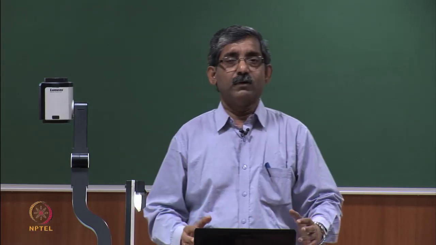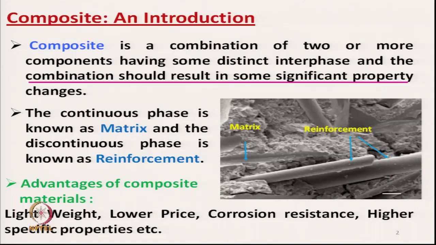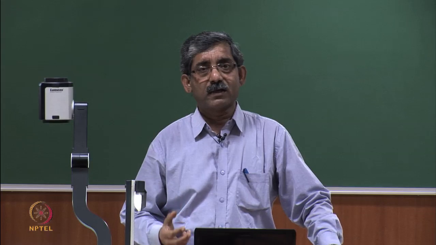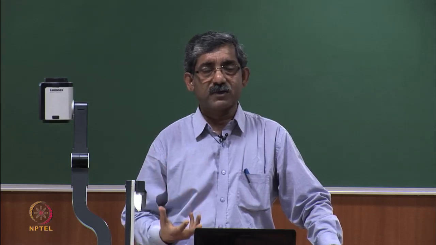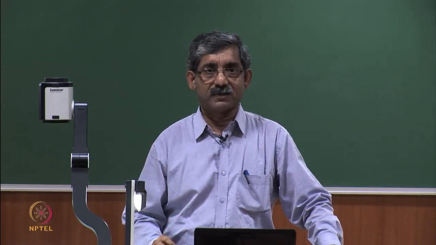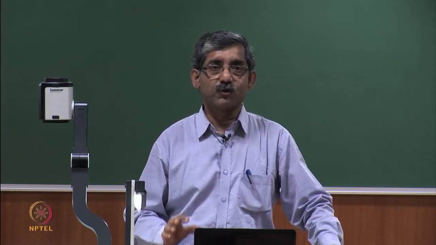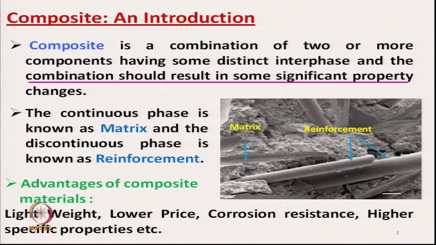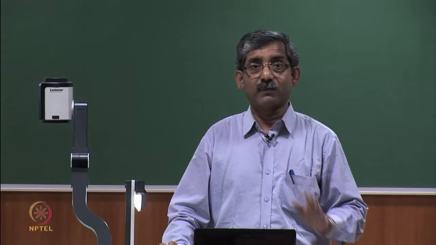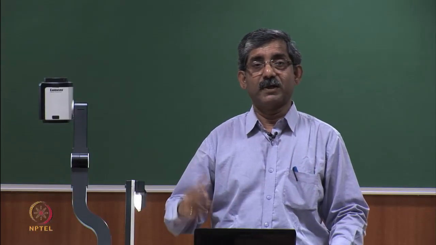So, why do we need composite? Composite is prepared to get some special material characteristics, like the weight of the material should be light. There are many applications where we need lighter and stronger material, like the aviation industry.